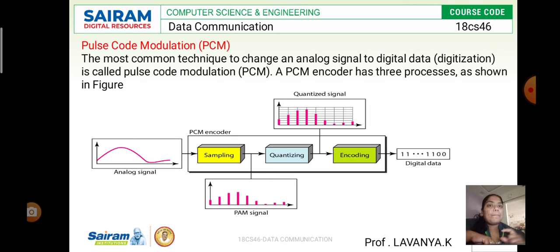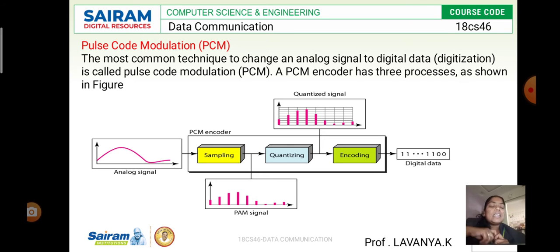The number of samples taken per second is called the sampling rate. In sampling, we encode the given analog signal vertically in the given interval time. That we call sampling. Then what is quantizing?